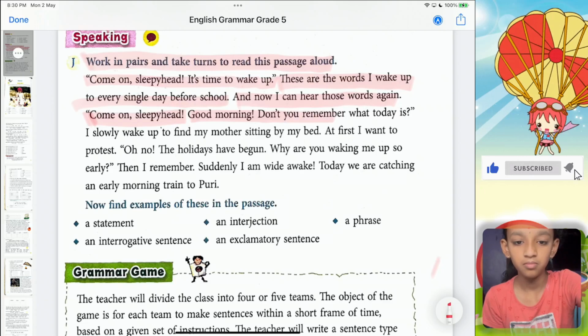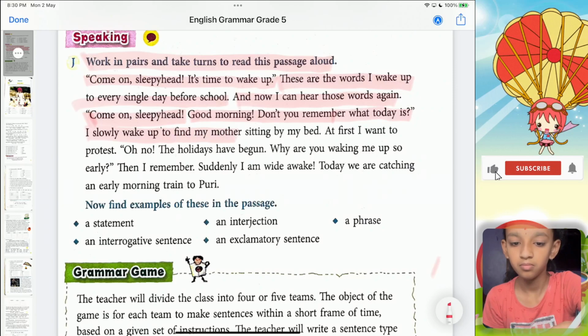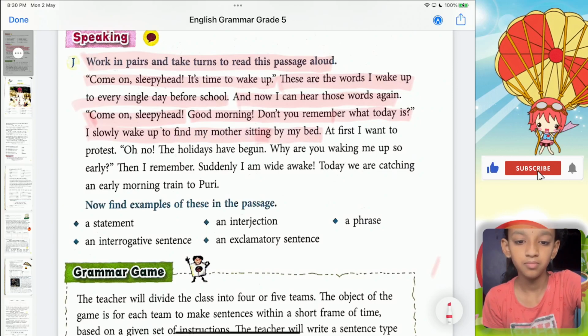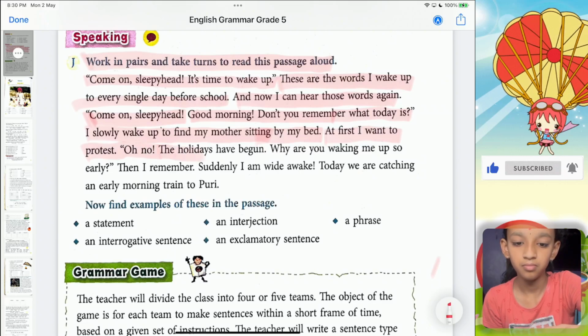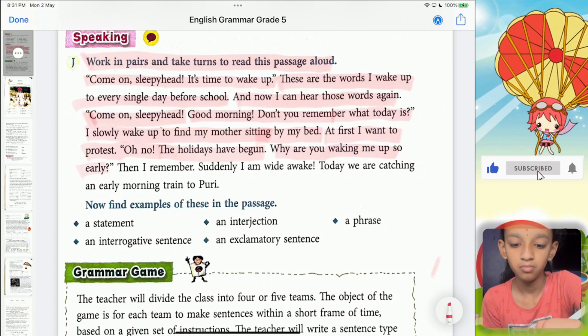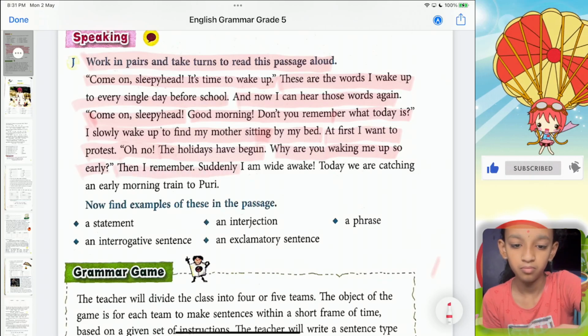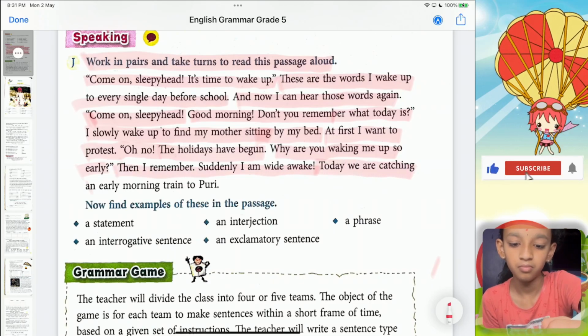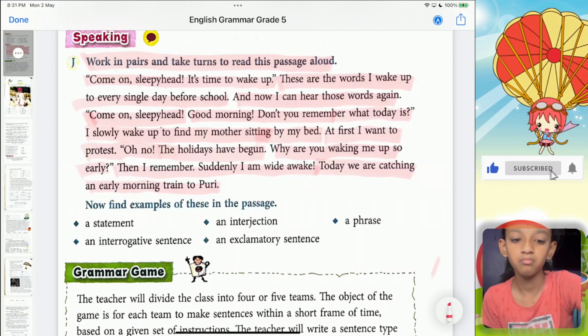Don't you remember what today is? I slowly wake up to find my mother sitting by my bed. At first, I want to protest. Oh no, the holidays have begun. Why are you waking me up so early? Then I remember, suddenly I'm wide awake. Today we are catching an early morning train to Puri.